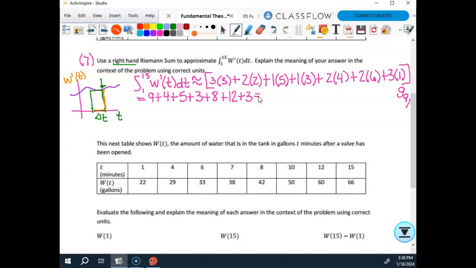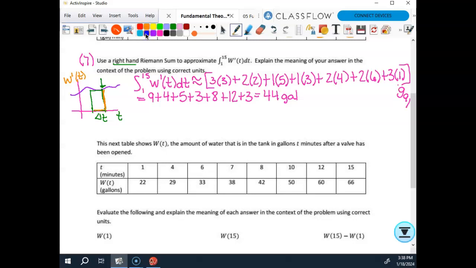Okay, so 9 and 4 is 13, plus 5 is 18, plus 3 is 21. Make that 29. Make that 41, and 3, that is going to be 44 gallons. Okay, you don't want to risk adding or multiplying something simple wrong if you don't actually need the actual number. Remember, stopping here would be a safe stop, but again, we need to have that 44 number for the next part of what we do.